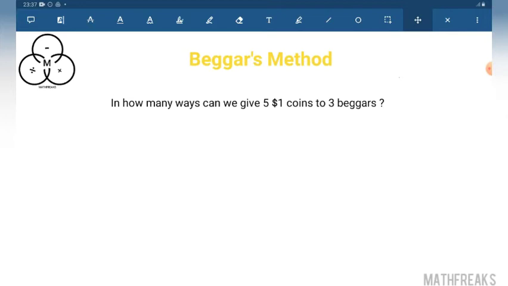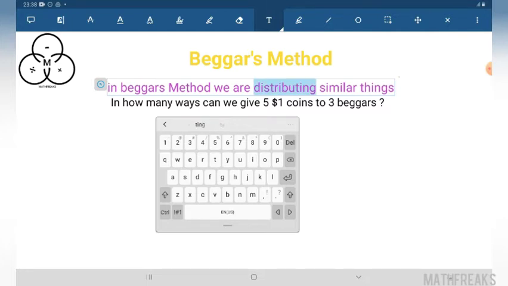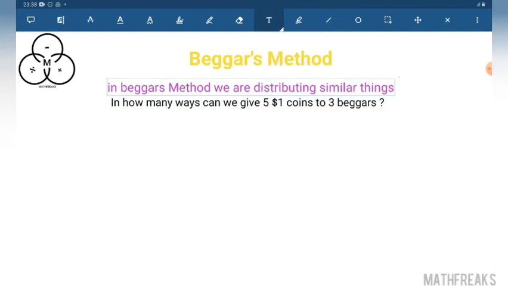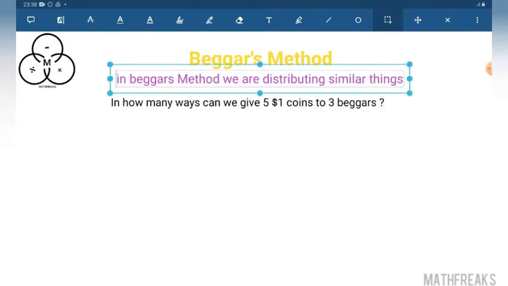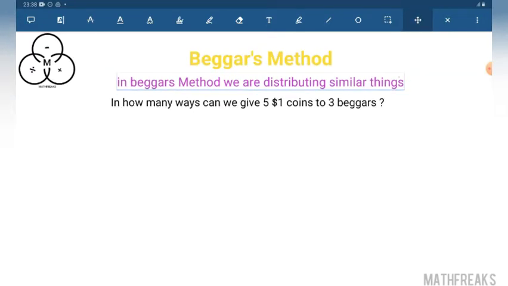First of all, an important thing to note: in beggars method, we are distributing similar things.